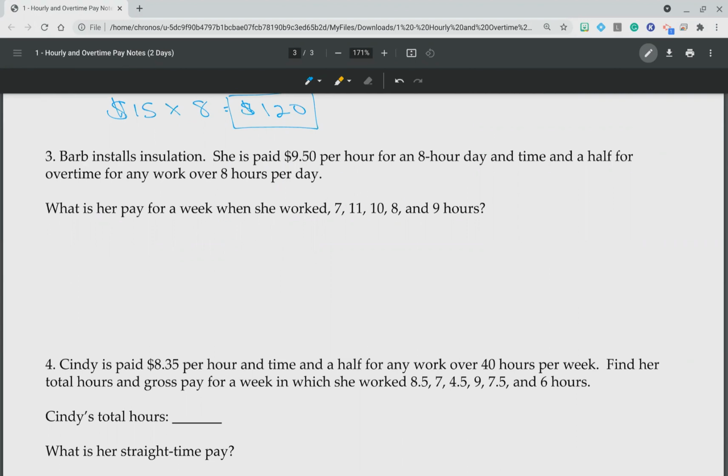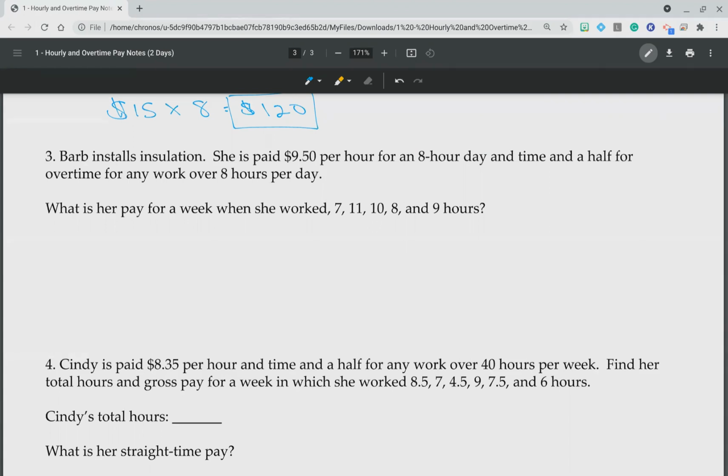So this one's a little bit tricky because instead of paying overtime based on how many hours you work per week, this job is saying any day that you work more than 8 hours, you get overtime for anything over 8 hours. Okay? So then we are asked to find the pay for a week when she worked 7, 11, 8, 10, and 9 hours.